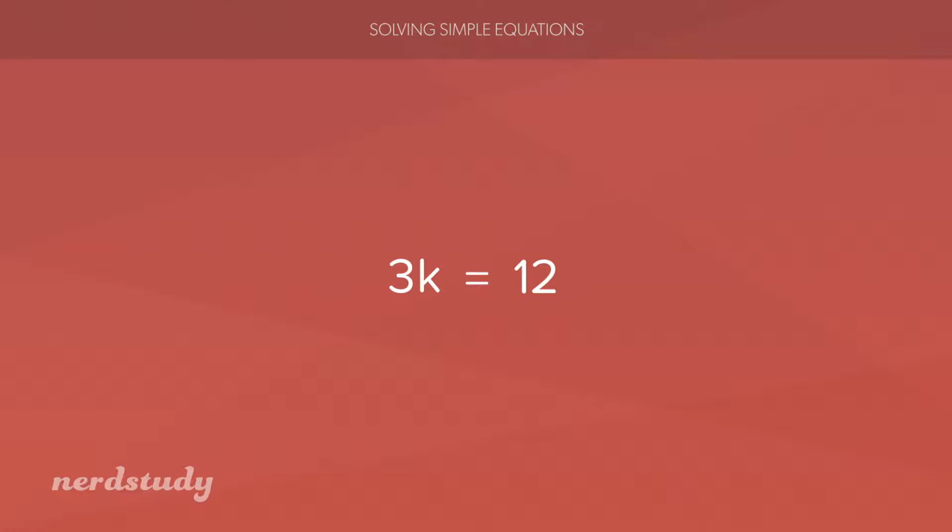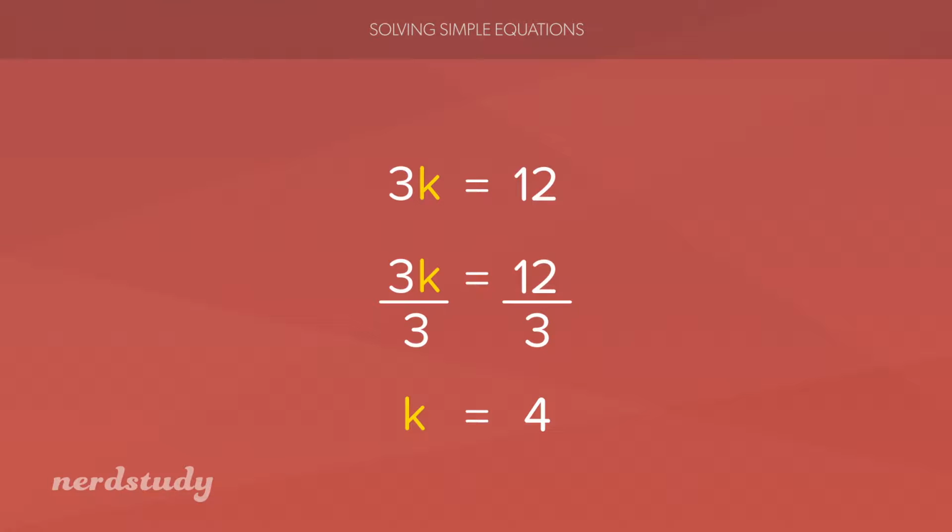3k equals 12. In this equation, our variable is k, and it is being multiplied by 3. What's the inverse operation of multiplication? That's right, it's division. So we divide both sides by 3, and we get k equals 4.